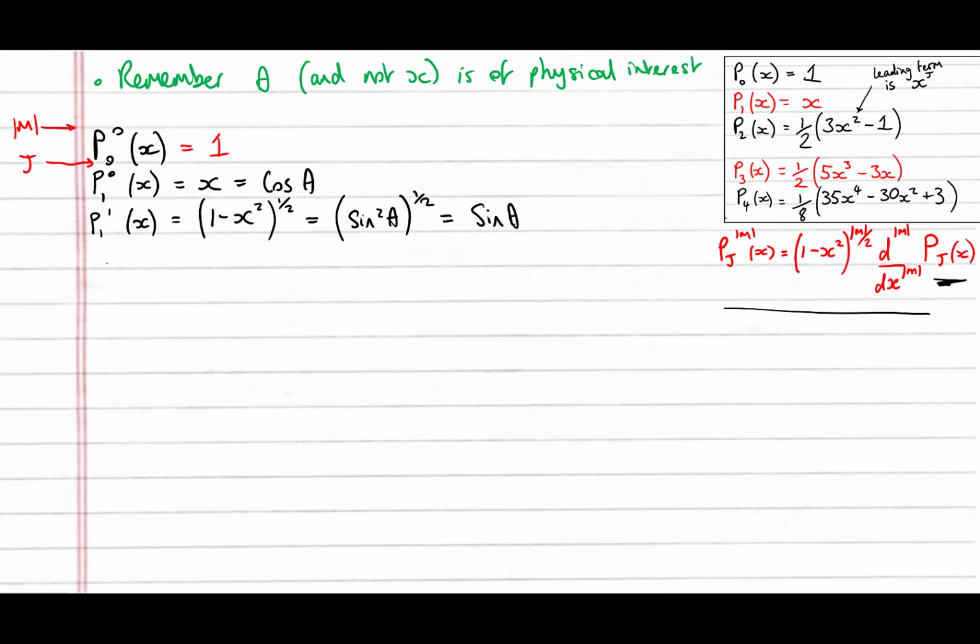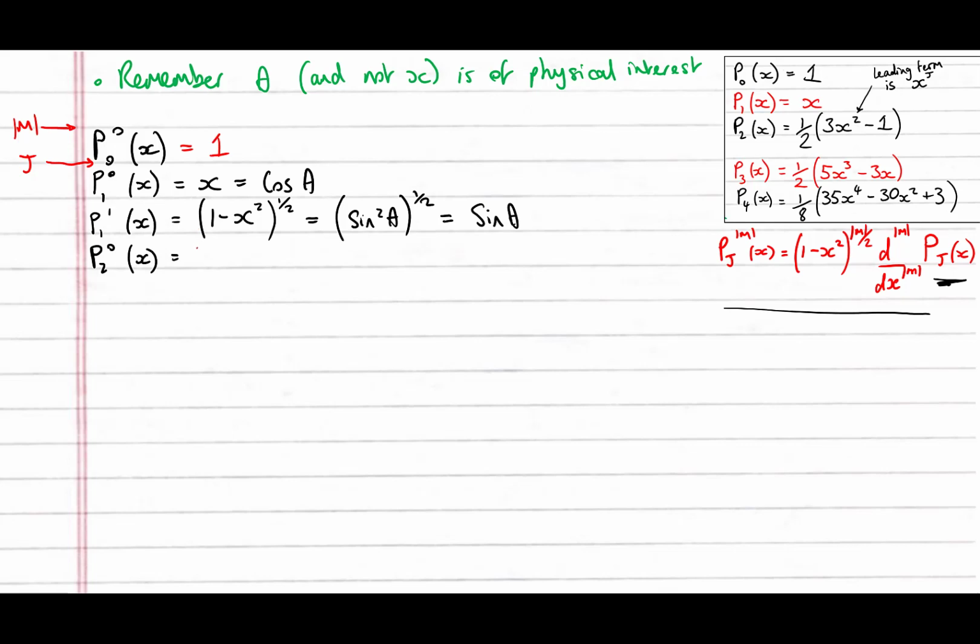All right, it's a wave function already. P2. So now we're going to advance up to J is equal to 2. And again, we recognize that since M is equal to 0, this first term goes to 1.